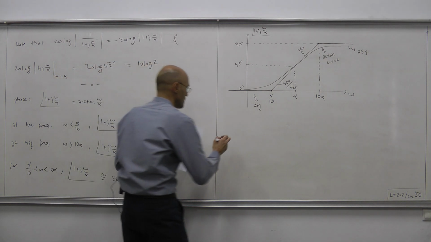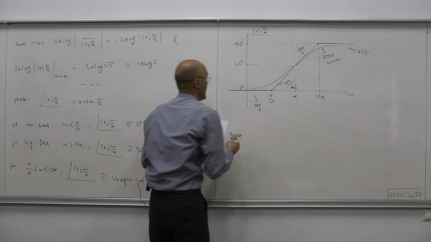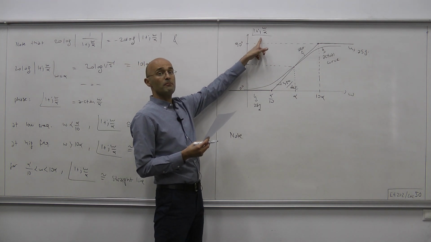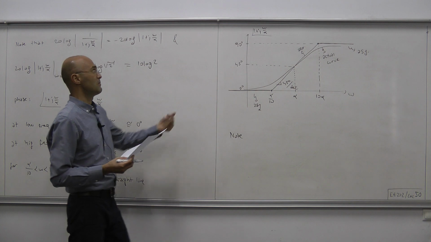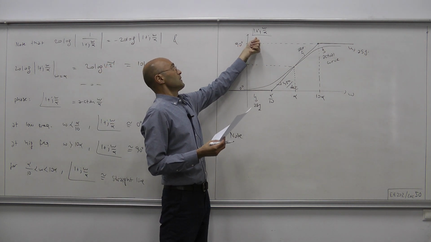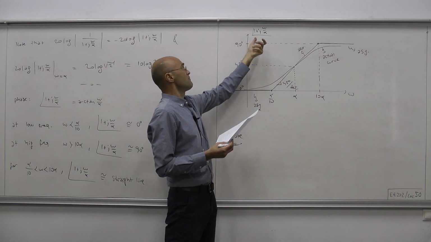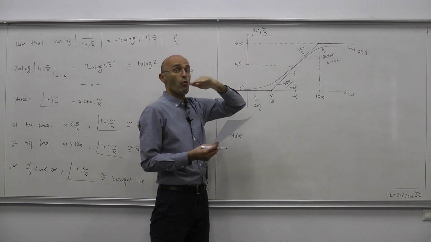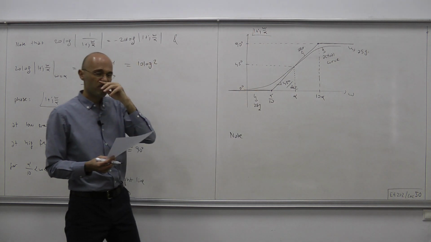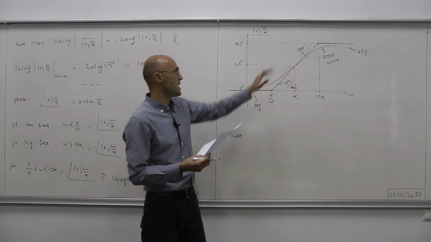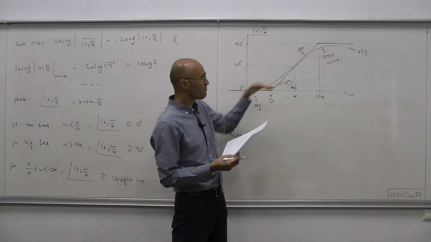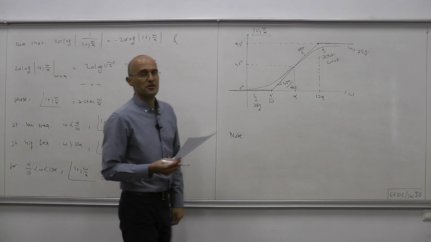One last thing to mention is that had we a first order term that appeared in the denominator, namely if we had to deal with the phase of 1 over that thing, clearly all we have to do is take this and multiply by -1, or reflect it with respect to the horizontal axis.